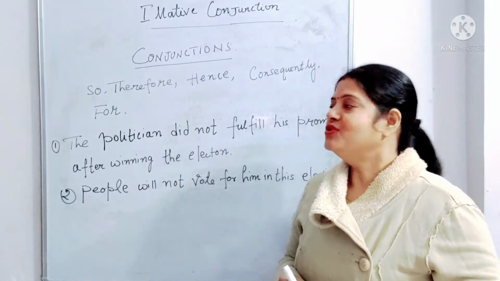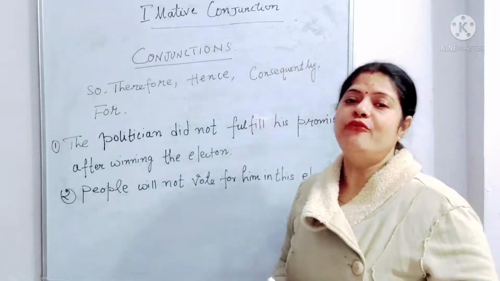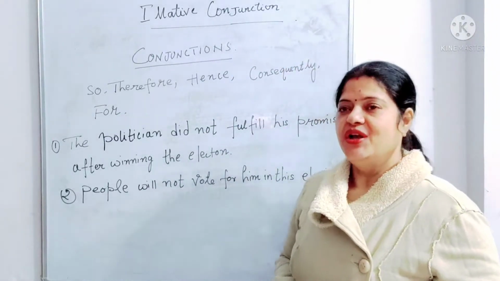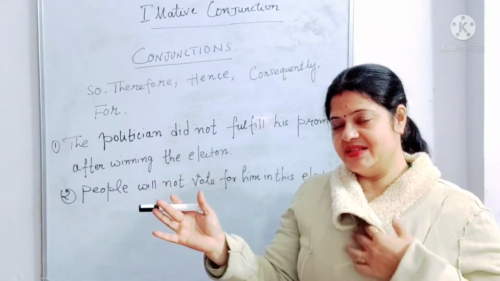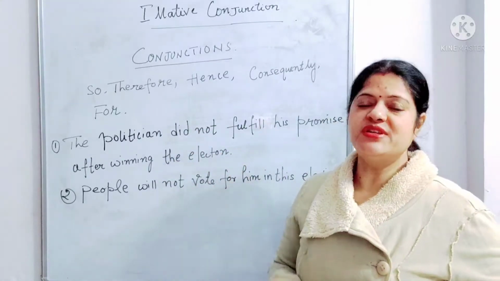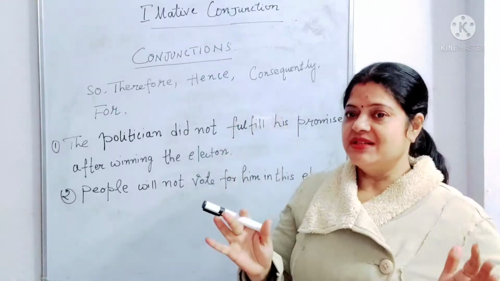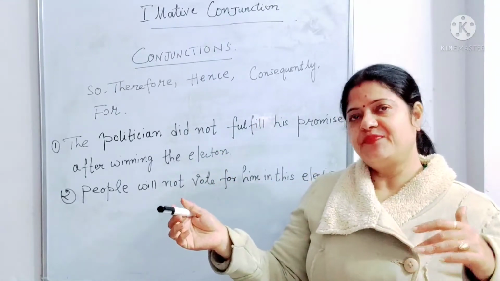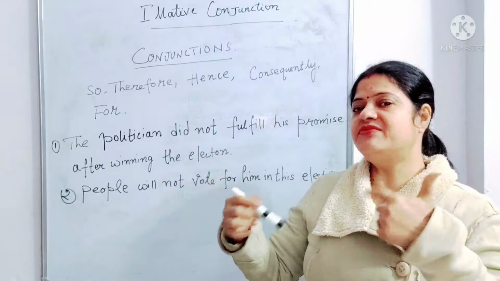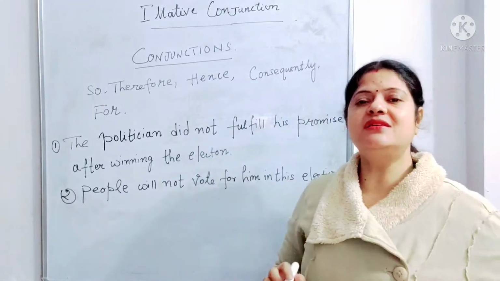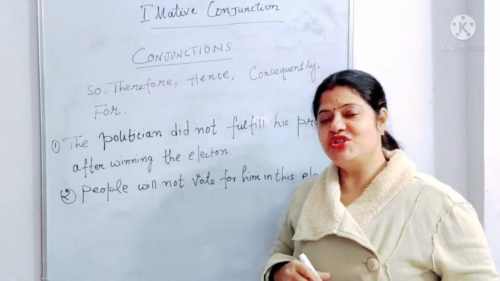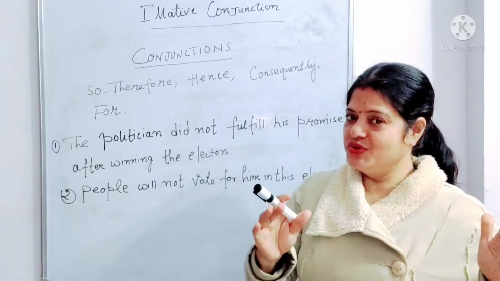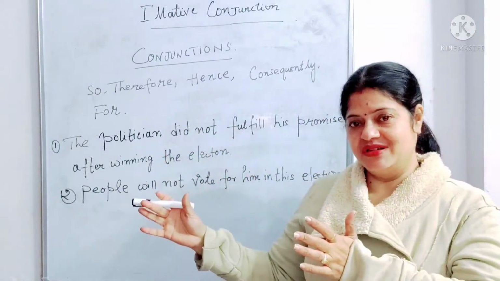Okay, so first we'll know the meaning of elective conjunctions. So here we see that there would be 2 sentences, or it can be more than 2 sentences too, but these 2 sentences will show, one sentence will show reason and the other sentence will show result. So elective conjunctions actually show reason and result.